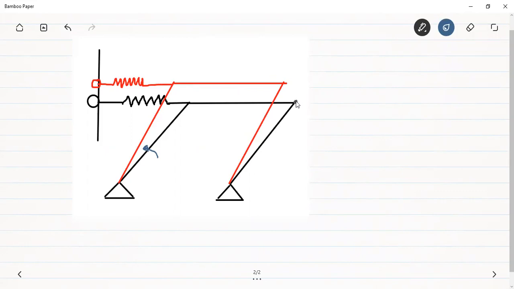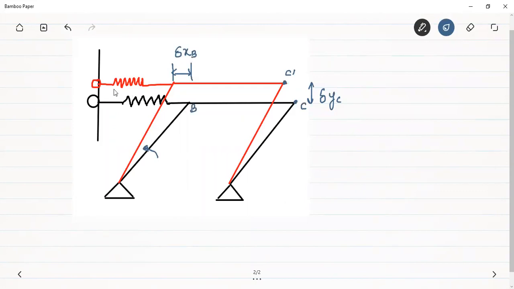So if this was point C, this will be the point C dash, and we are interested in the vertical displacement of this point C. Therefore, this will be equal to delta YC. And we are also interested in this displacement of the point. This was B. This is delta XB. So this will be the displacement of the spring.